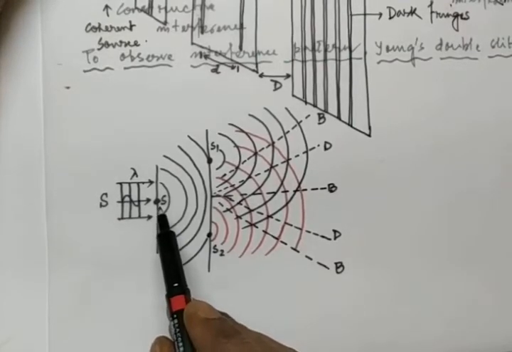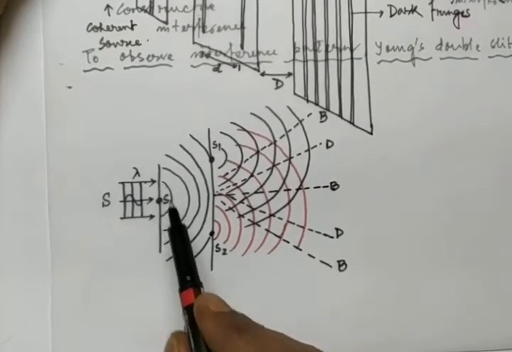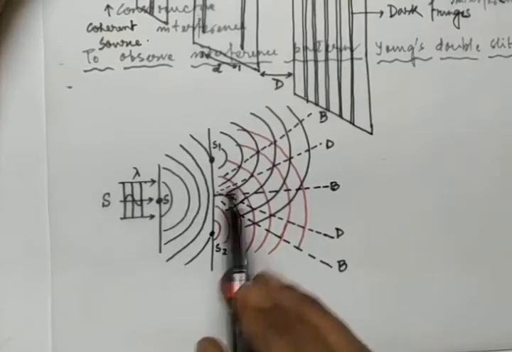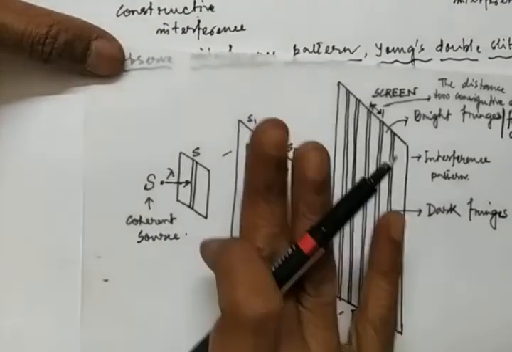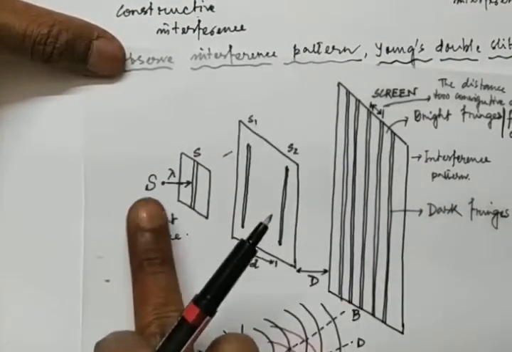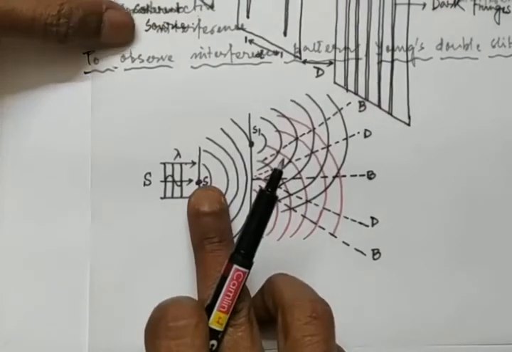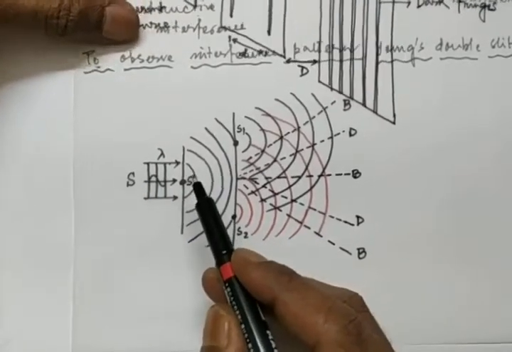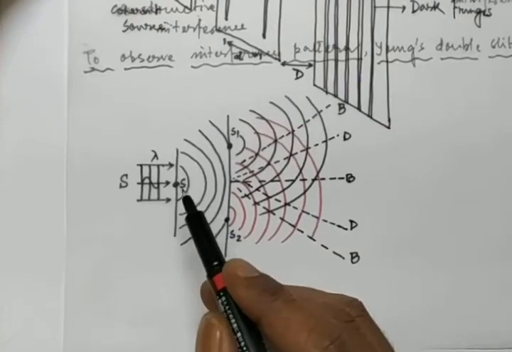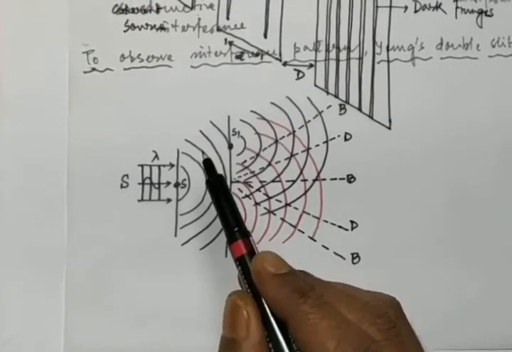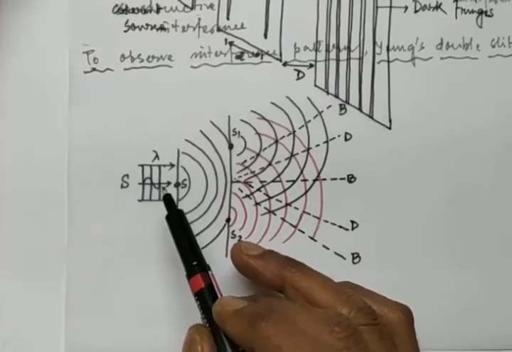So these types of waves will be formed. Okay? So सीधा देखो हम लोग यहाँ तक आए. Source, a single slit. So this slit transforms these plane waves into spherical waves like this. Okay. So these are primary wave fronts.